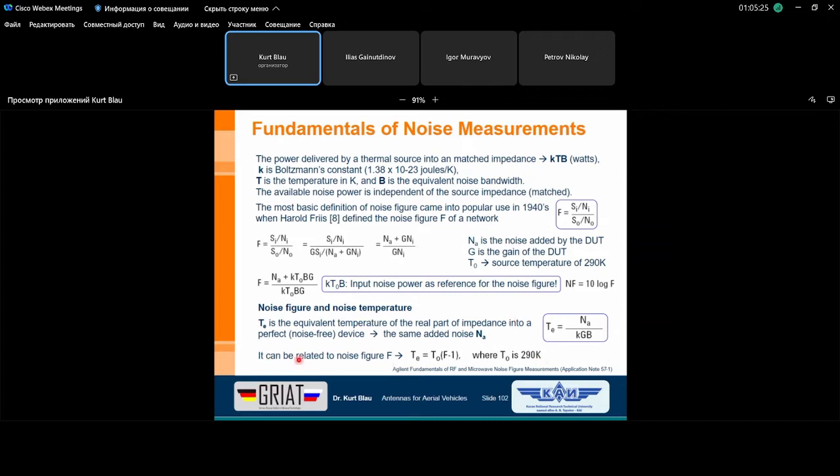Again, we can relate this equivalent temperature instead of the noise figure in this way.